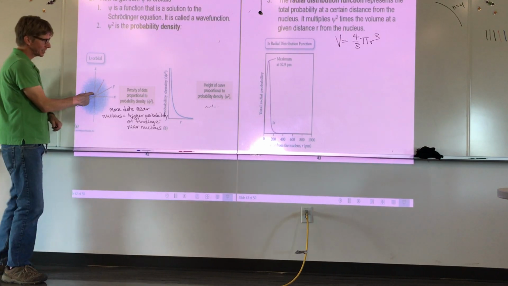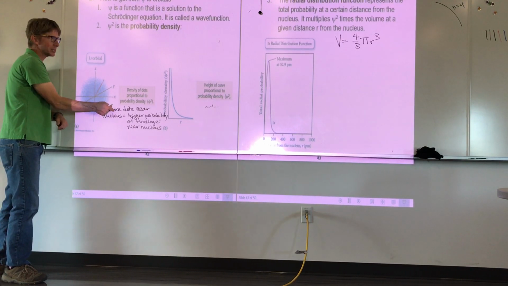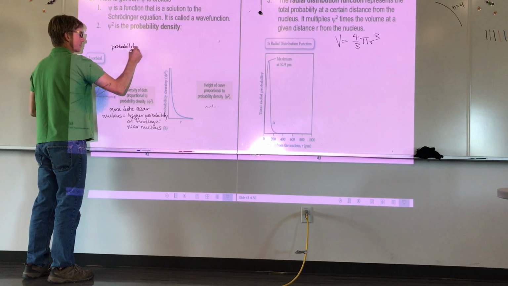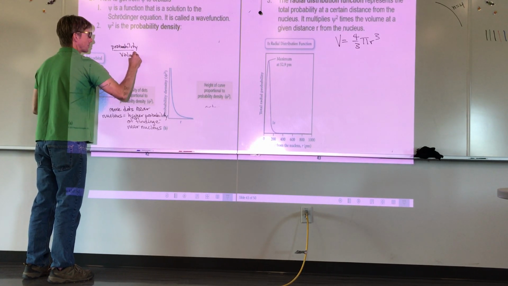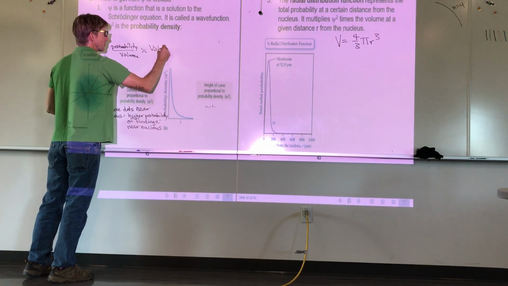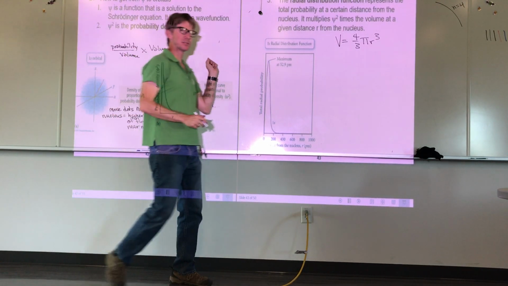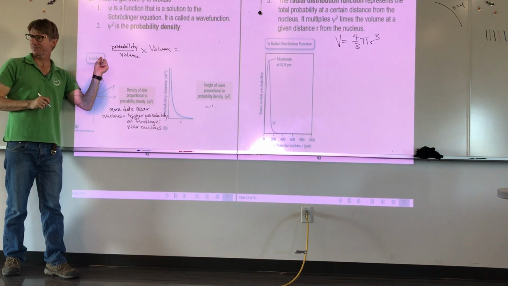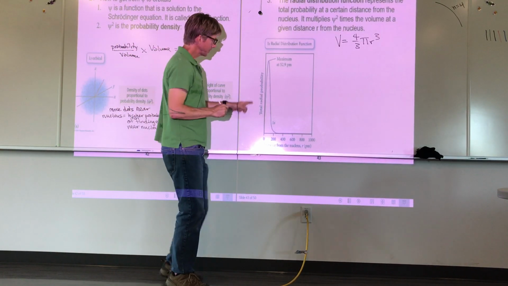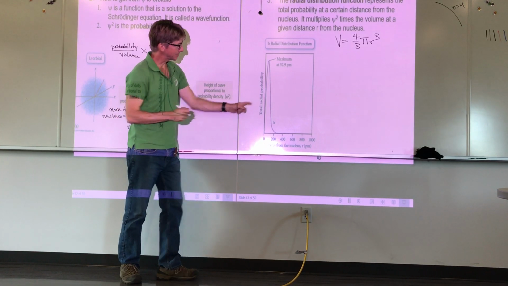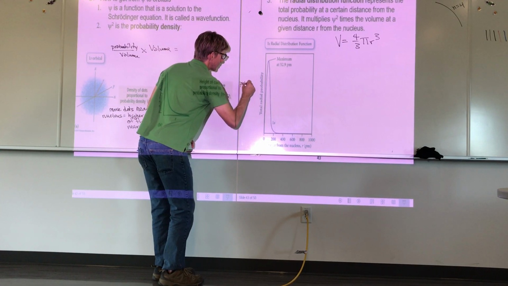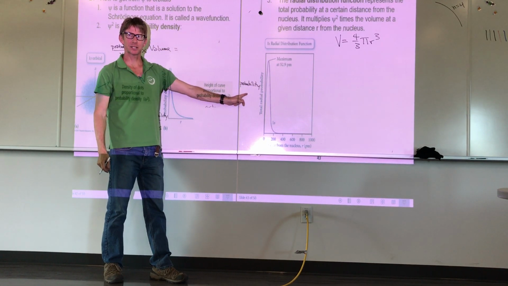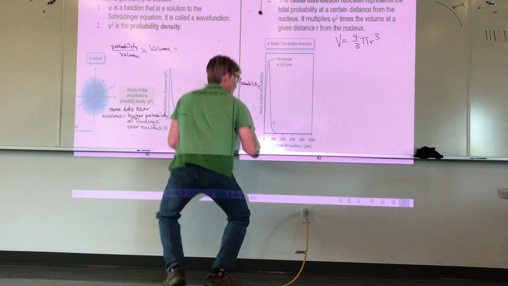So if this is probability per volume, and I multiply it times volume, I get probability. And so this is the probability of finding the electron at a certain radius from the nucleus.